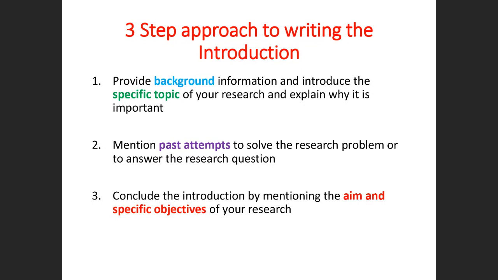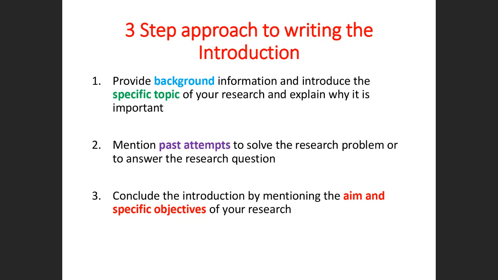Also, you have to mention past attempts to solve the research problem. This is called literature review. You're already aware of the process of doing a literature review to answer the research questions. Also, you have to conclude your introduction section by mentioning your aim and specific objectives.